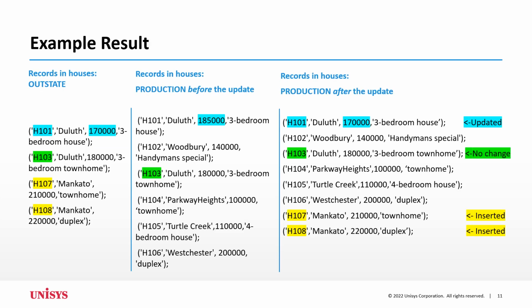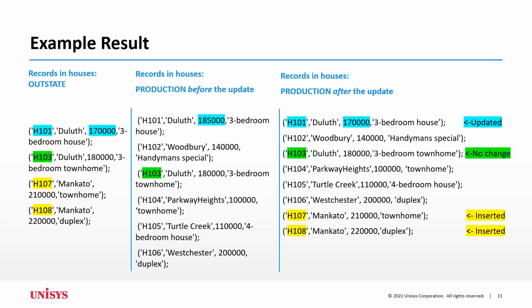This slide shows the result of the SQL statement from the previous slide. The price of house H101 in houses version production was updated from 185,000 to 170,000 from the value in houses version outstate.